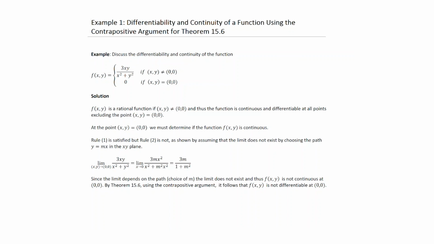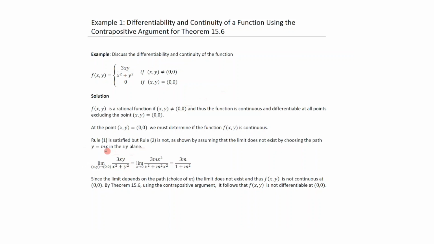So next thing is at the point (x, y) equals (0, 0), we must determine if the function f(x, y) is continuous. Rule 1 is satisfied, that is the rules of continuity, there are 3 of them in total. Rule 1 is satisfied, but rule 2 is not, as shown by assuming that the limit does not exist. And you can do this by choosing a path y equals mx in the xy plane. Notice here that the order here is 2 for xy and the order here is x squared, which is the same as this.